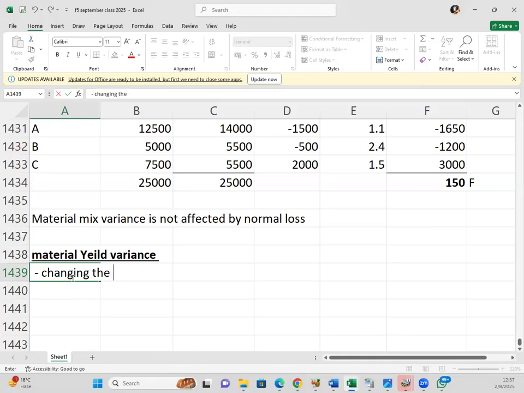So changing the ratio may affect the yield.